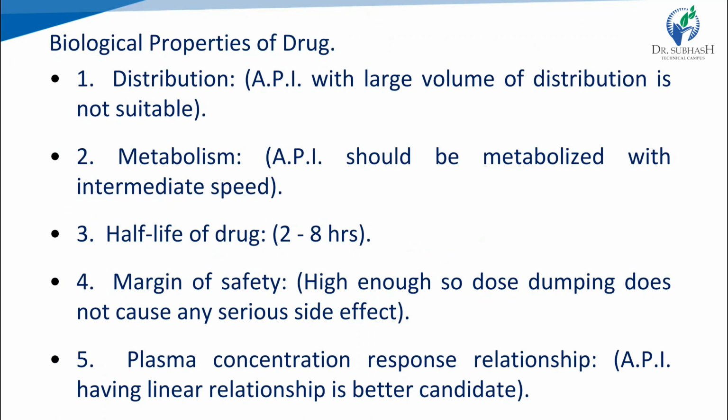With dose dumping, since we give a large dose in sustained release, sometimes rapid release happens, giving serious side effects. So we require some margin of safety. A linear plasma concentration response relationship makes a better candidate.